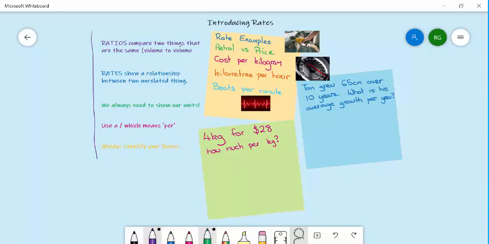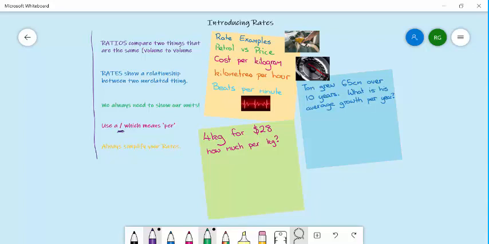And we use a slash here, which means per. So you might have seen kilometers per hour. We can put the little slash sign to represent the word per. And it is, as always, like whenever we use fractions, it's always important that we simplify your rates.